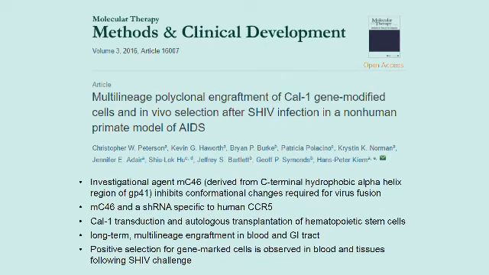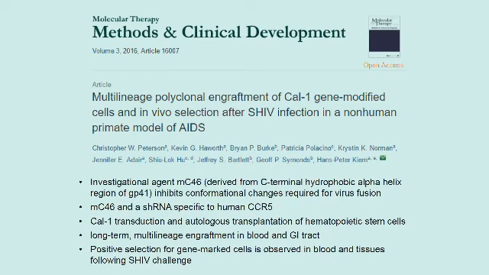So next, I'd like to move to some other groups in the field who are taking complementary approaches, targeting different parts of the HIV viral life cycle. And this is a study from Hans-Peter Kiem and collaborators looking at C46, which inhibits the conformational changes required for virus fusion and also has a short hairpin RNA specific for CCR5.